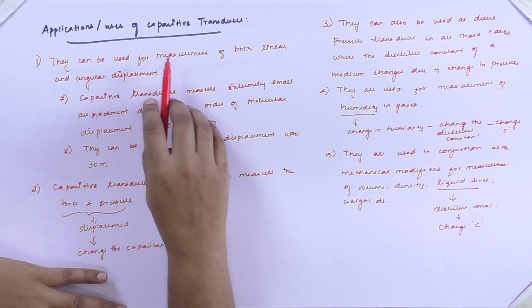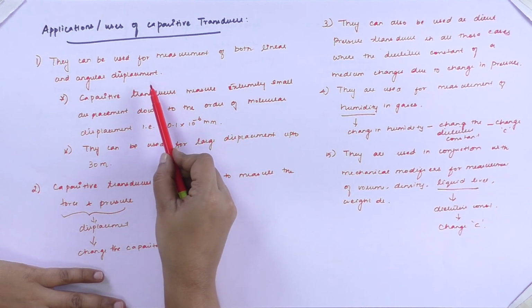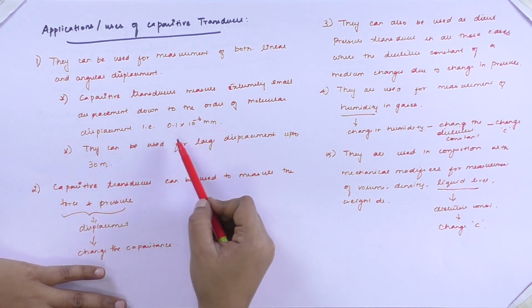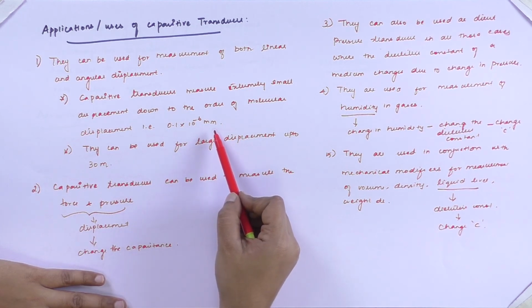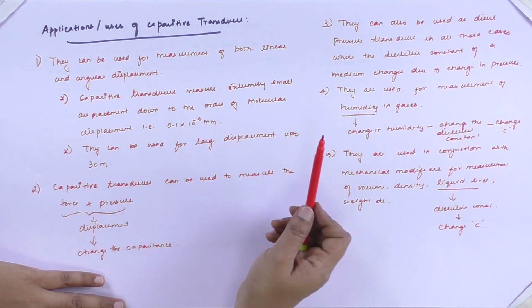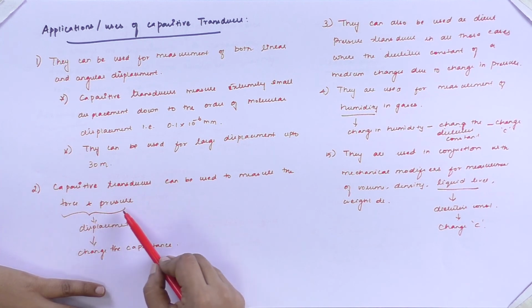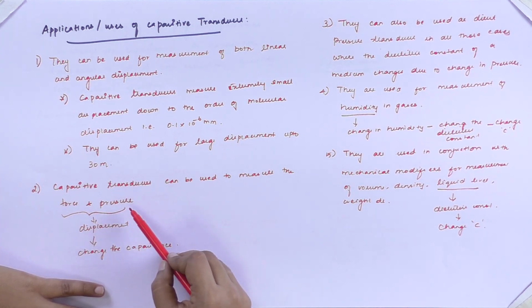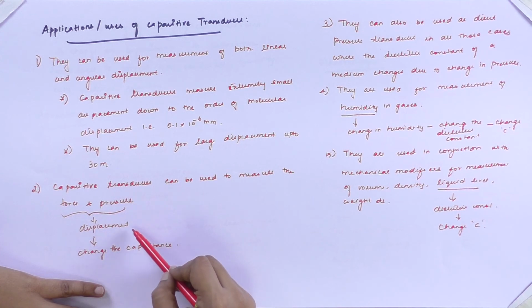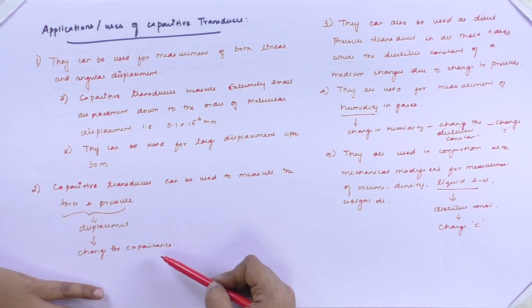So, in the applications or the uses of capacitive transducer, it can be used for both linear and angular displacement. So, displacement of the order of 0.1 into 10 power minus 6 mm up to 30 m can be easily measured with the help of capacitive transducers. And second one, it can also be used for the measurement of force and pressure, because first the force and pressure will be converted into displacement, then the displacement will change the value of the capacitance, which in turn is converted into electrical quantity.